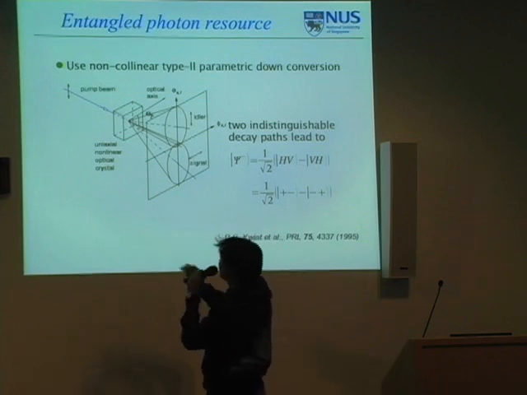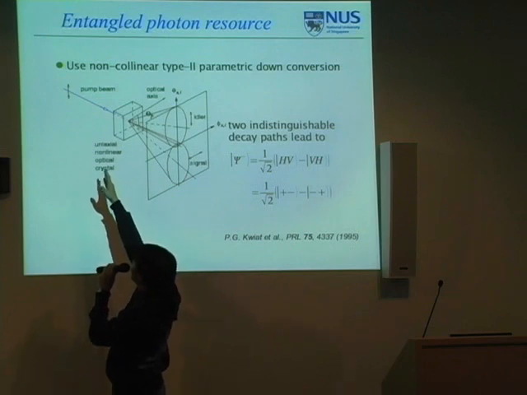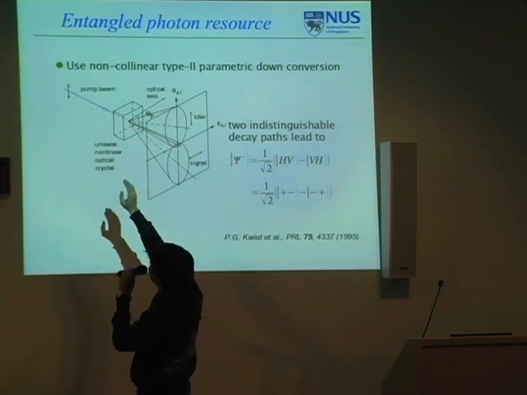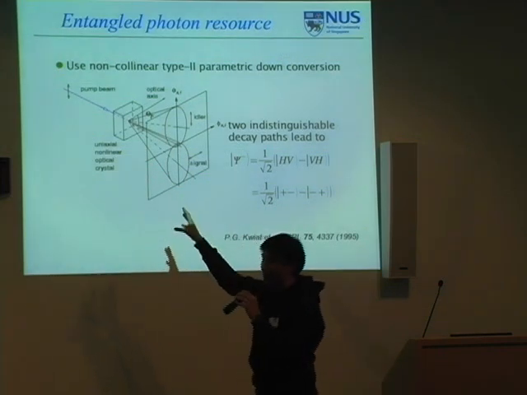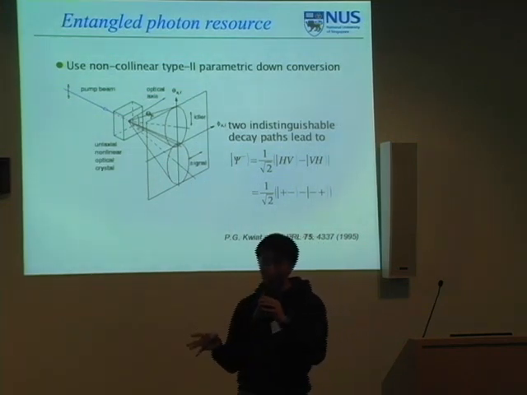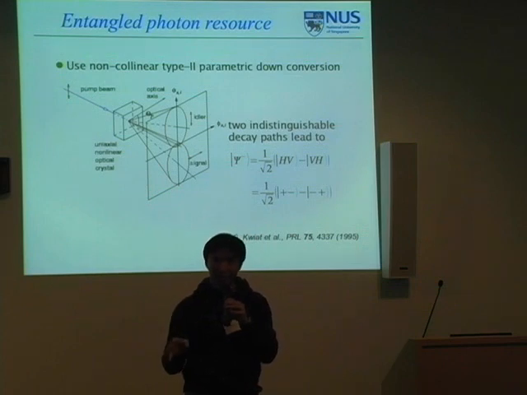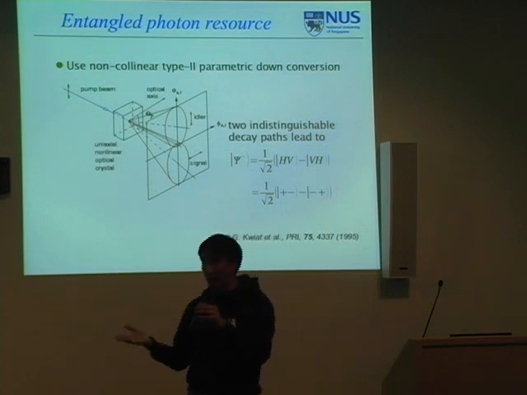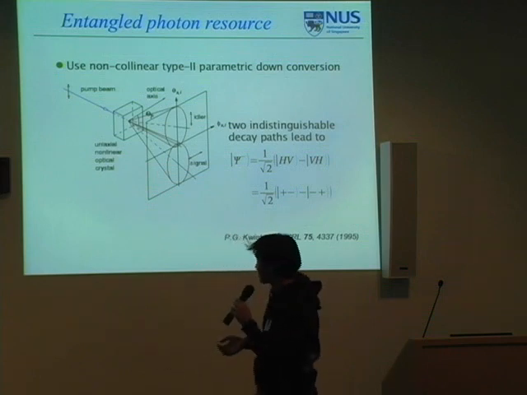You take a pump beam, which is well polarized, and you pump a nonlinear crystal. And out of the millions and millions of pump photons that you have, sometimes one of them will decay into 2 photons. Now these 2 photons are highly correlated, not only in time, but also they have to obey momentum and energy conservation.